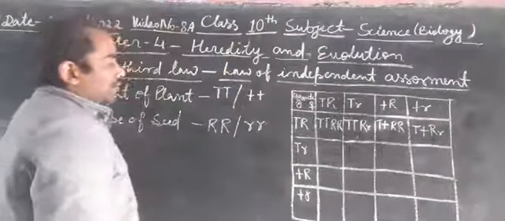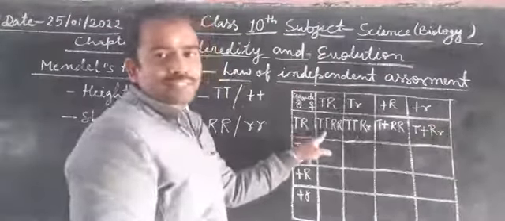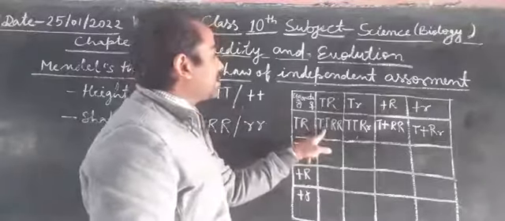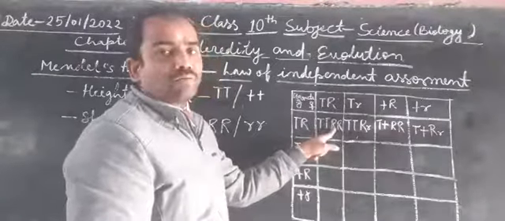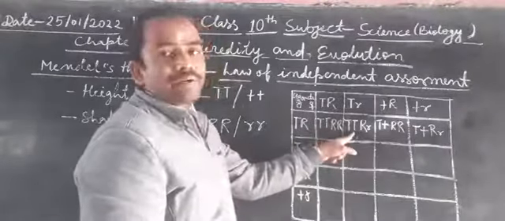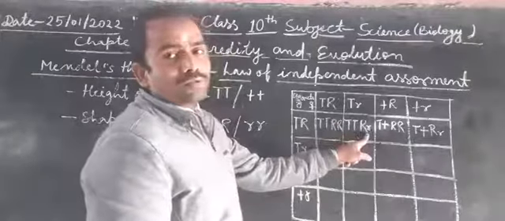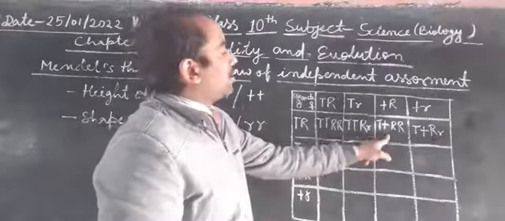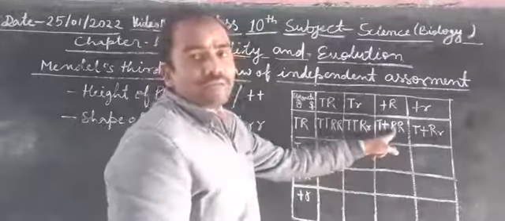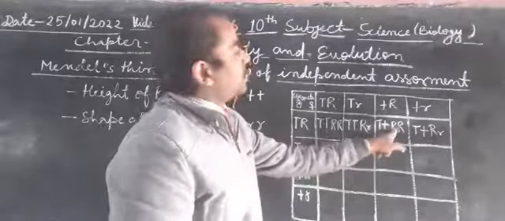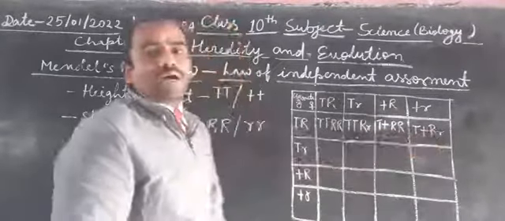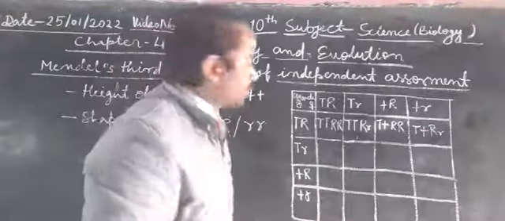Okay. Now, which type of this plant will be tall and seed will be round? Plant will be tall, hybrid tall and seed will be round. Tall, round. All are tall and round.